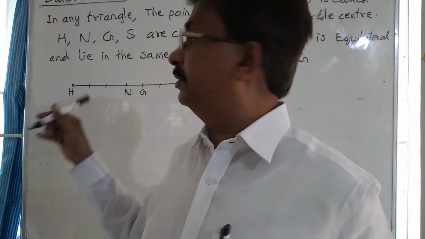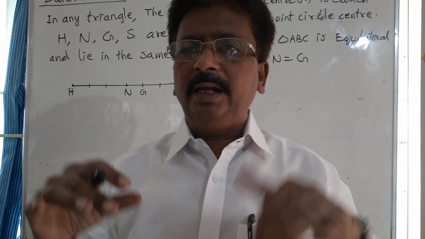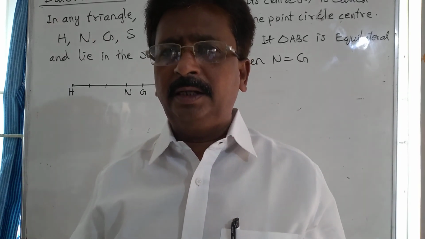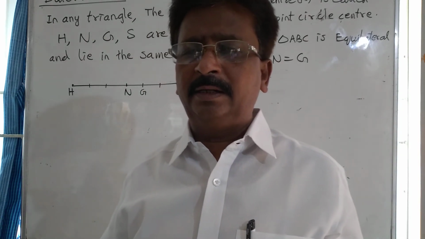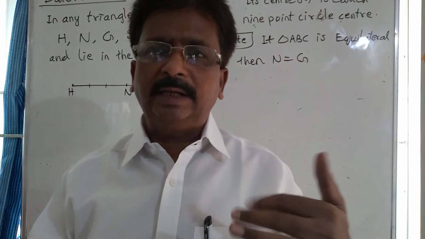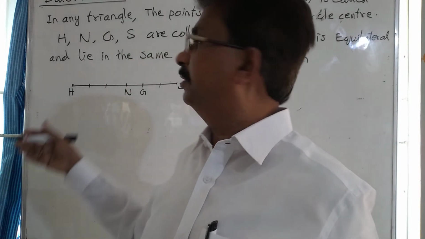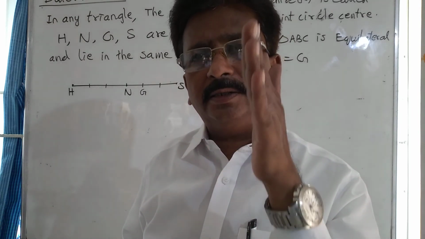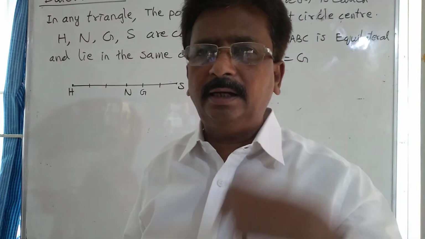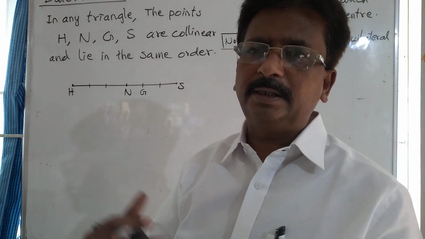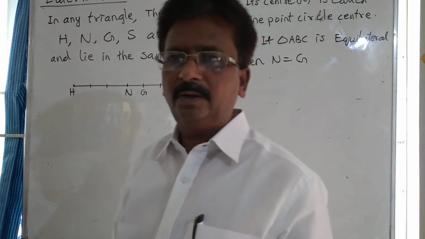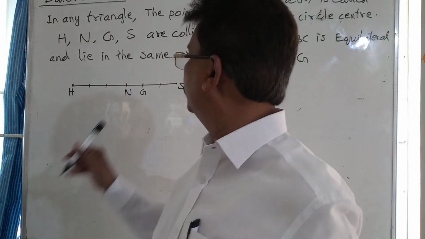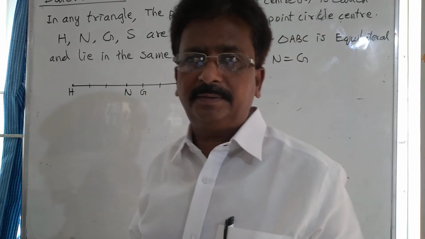Now according to this Euler's line, if any 2 points are given, either G and S, or H and G, or H and S, the other 2 points you can find according to Euler's line, after finding the ratio. Now I will analyze at what ratio G divides HS.